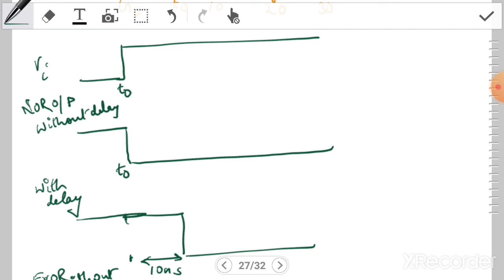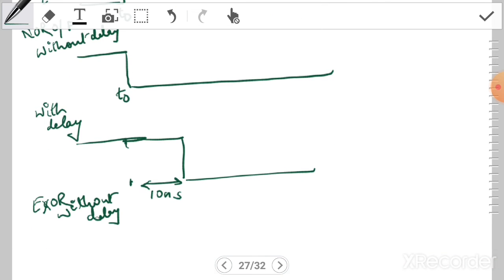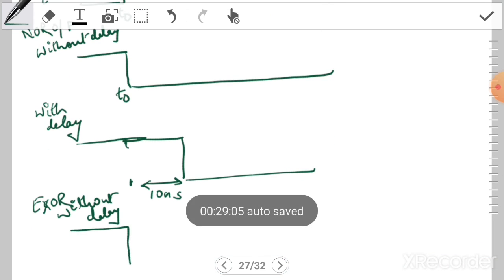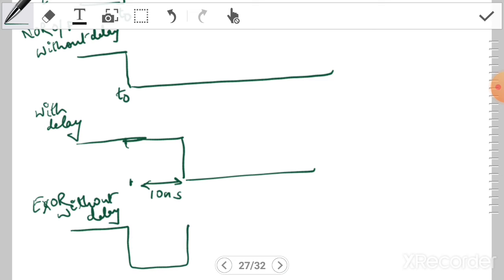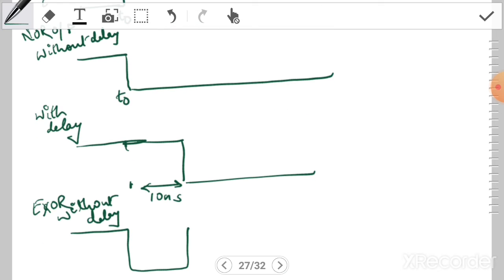When both inputs are 1, the XOR output is 0.